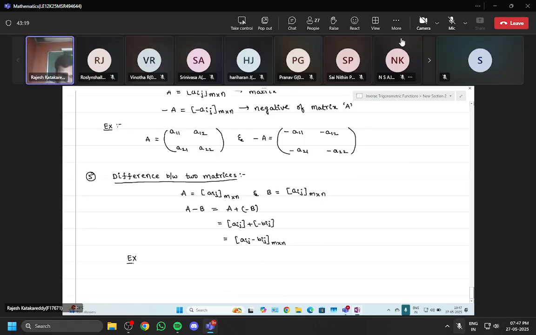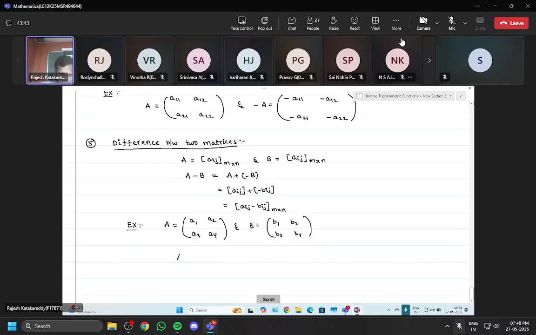A and B are two matrices of second order. I am taking A1, A2, A3, A4. This is matrix A. This is matrix B: B1, B2, B3 and B4.